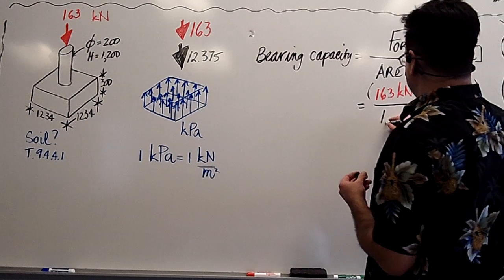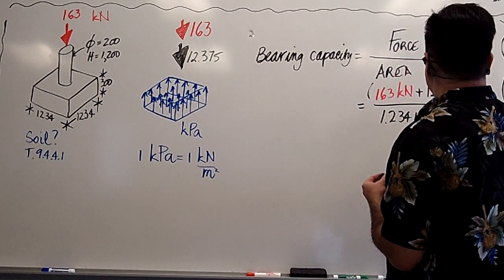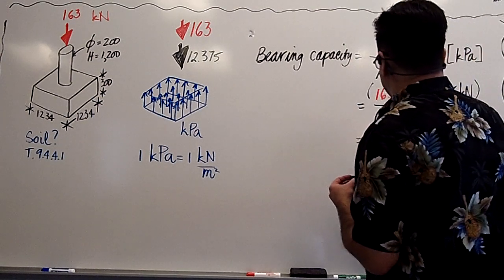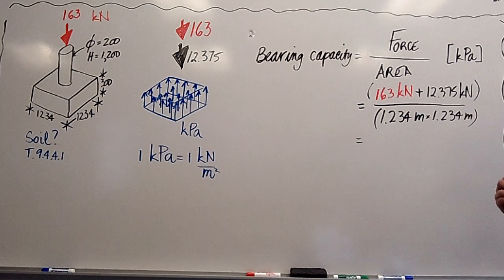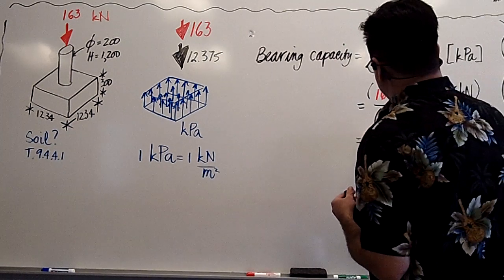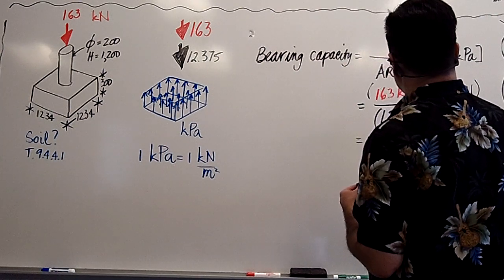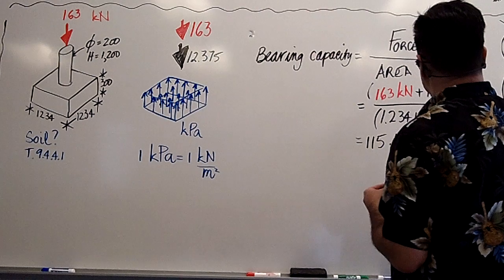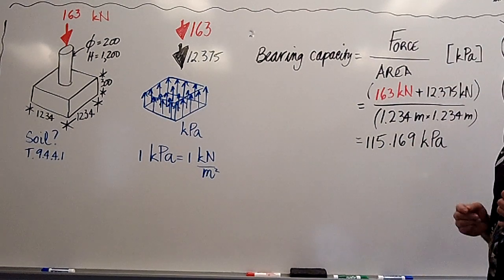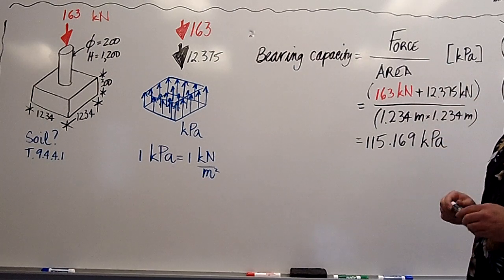All right, so the area is 1.234 meters times 1.234 meters. So if I solve this and I do it correctly, I get 115.169 kPa. Best 2 out of 3 times. See if you can get the same number. Okay? I did it all in one shot, but maybe it takes you a couple of steps to do it.